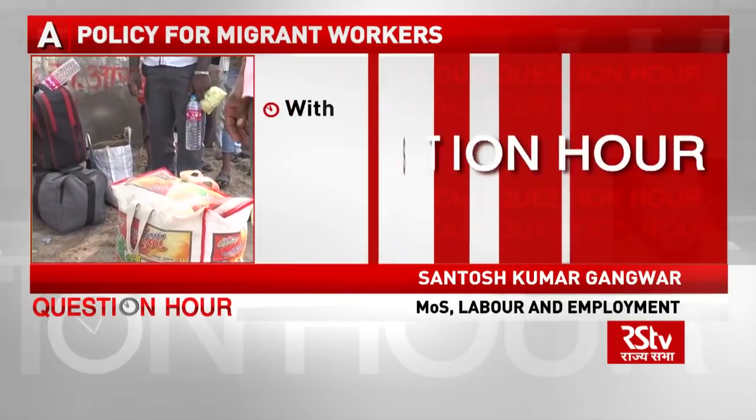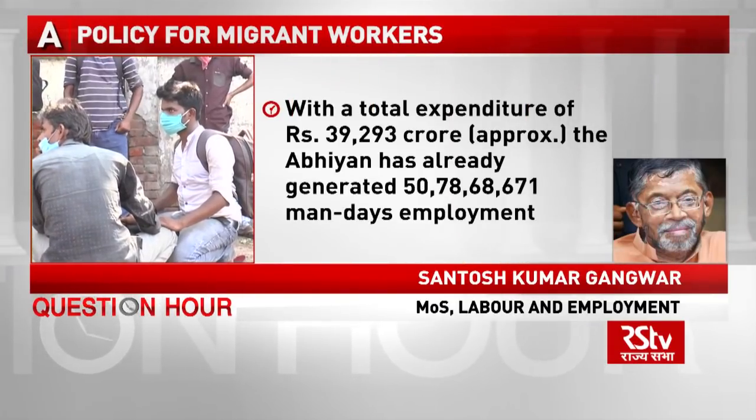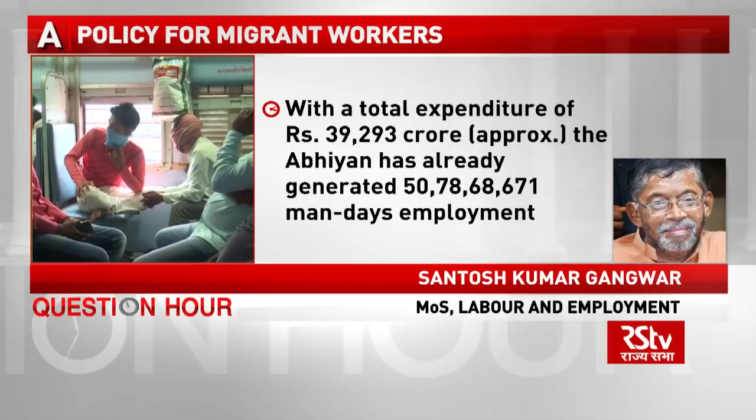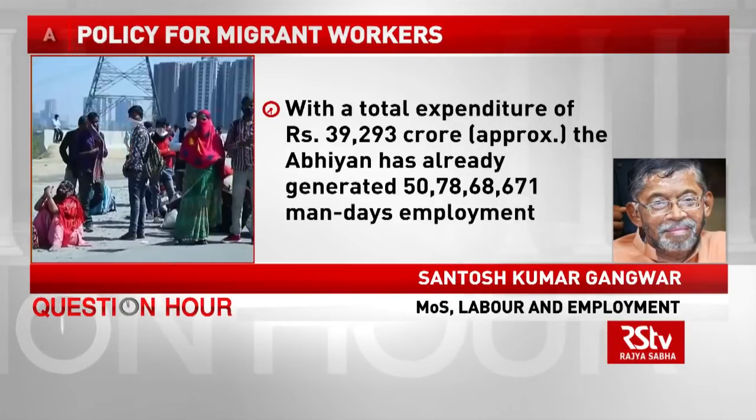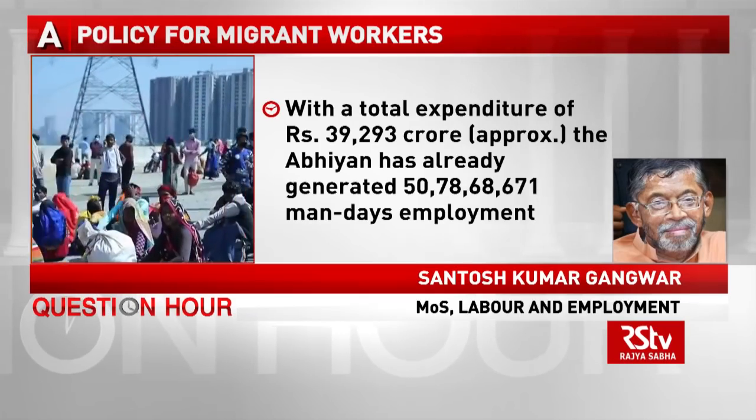With a total expenditure of 39,293 crore approximately, the Abhiyan has already generated 50 crore 78 lakh 68,671 man-days of employment. Well, that was the reply by the Ministry of Labour on the steps taken to address grievances and requirements of the migrant labourers and workers, especially in the wake of the COVID-19 pandemic.